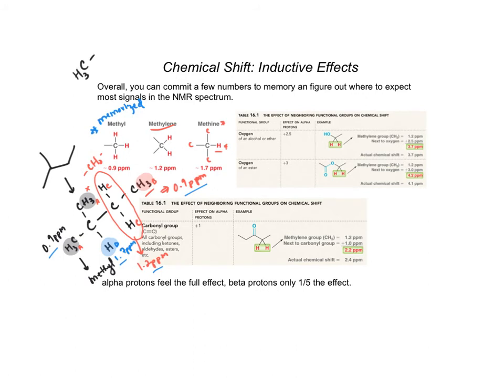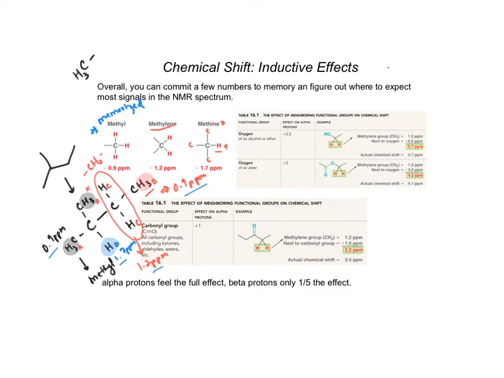Now, I'm not going to go super in depth into all of the various functional groups and their overall effect on chemical shifts for protons. What I will focus on specifically, though, is the effect that oxygen groups will have on the chemical shifts of various protons. Okay, so oxygen is one of our highly used organic elements, right?